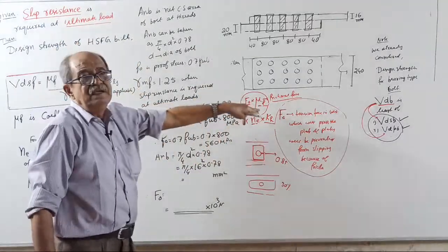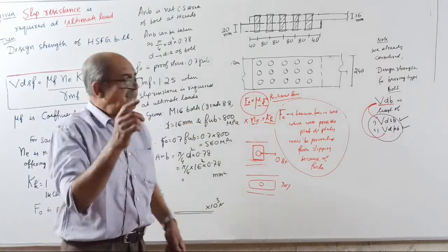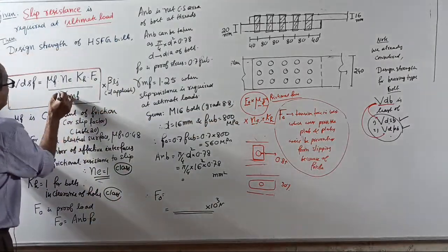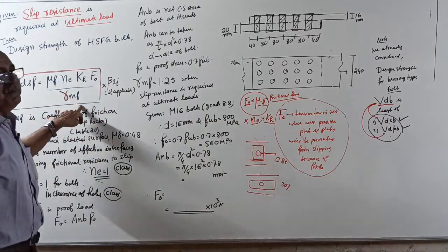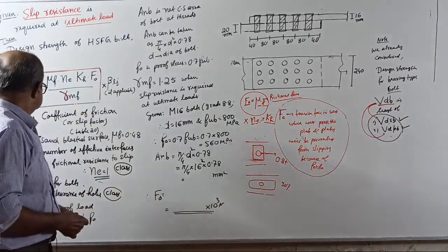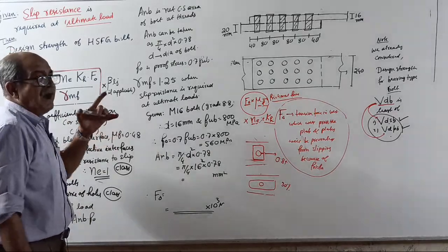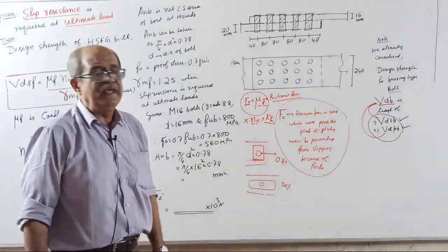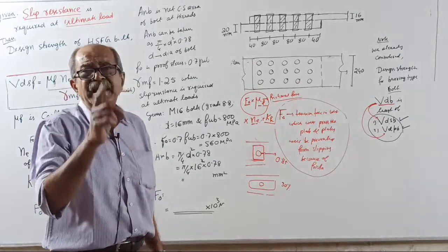But remember, this is the nominal strength. For safety, you should divide it by gamma mf. What is gamma mf? Gamma mf is the partial safety factor for safety. Very important. IS code very clearly told.